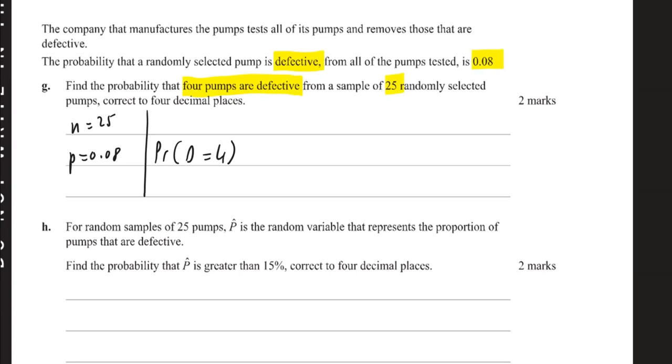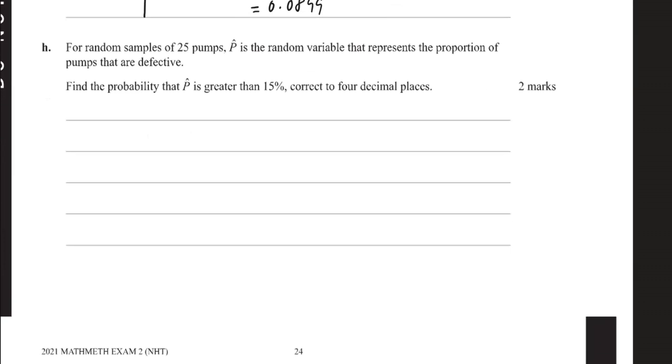Exactly 4 are defective. That's 25 choose 4, because 25 is the sample size. We want 4 defectives, 0.08 to the power 4, multiplied by 0.92 to the power 21. That equals 0.0899. That's part G.